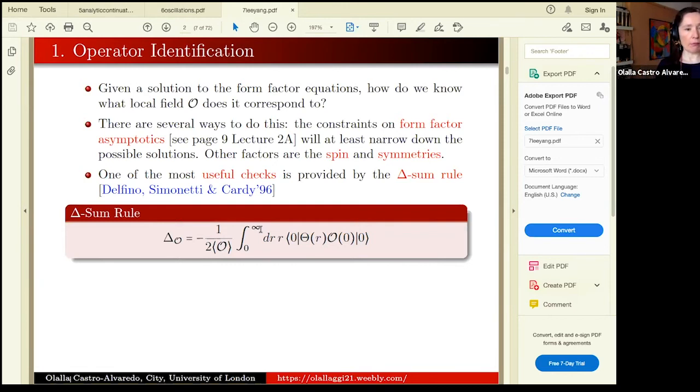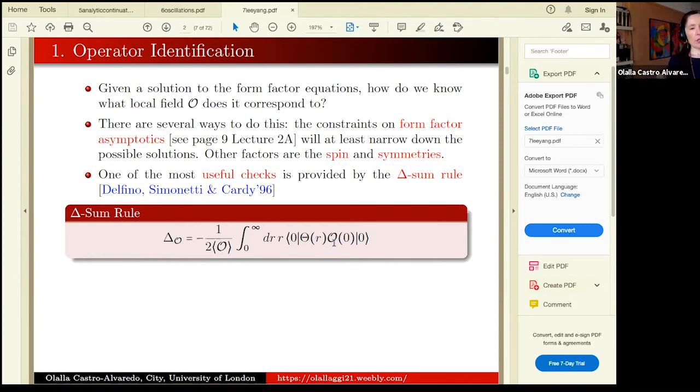In that same paper, they derived this very nice formula. What this formula tells you is that there is a certain two-point function in quantum field theory that you can integrate, and the result of that integral should give you the conformal dimension of the operator O inside this two-point function.